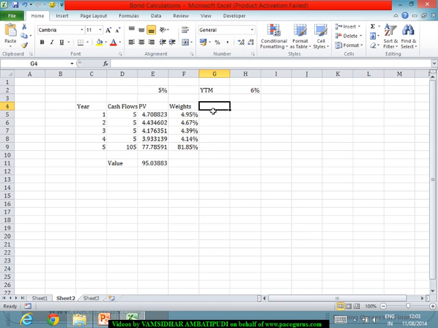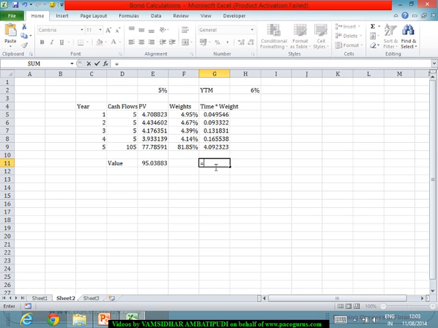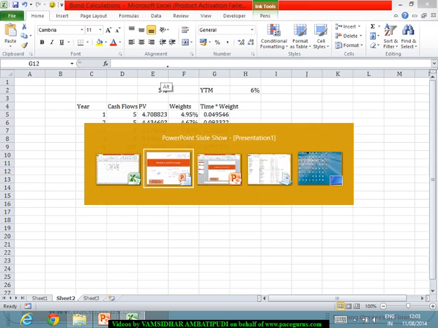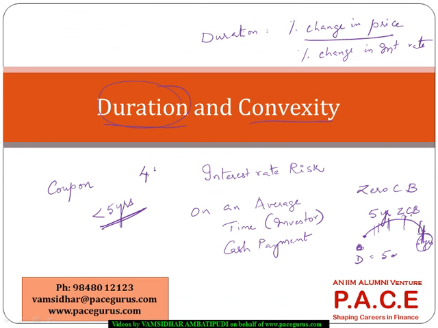Now for the duration computation, I'll take the time multiplied by the weight, which is nothing but this weightage. I multiply it with the time to finally arrive at the total summation of all of them. I sum up all and I get this as the duration. So in this case, the duration is approximately 4.53 years.